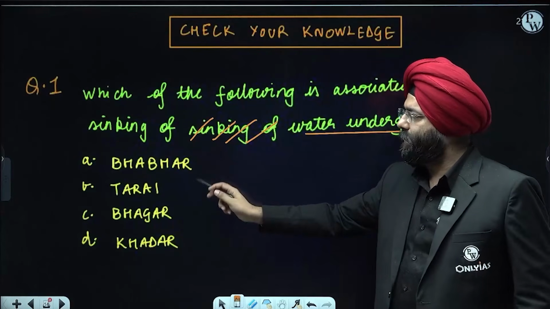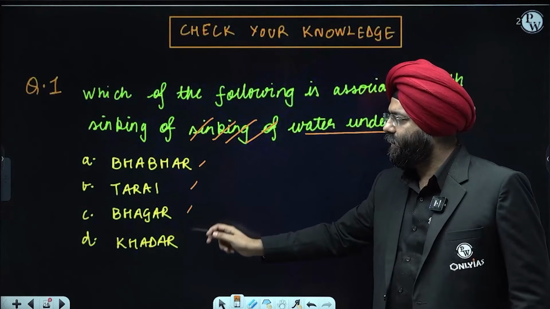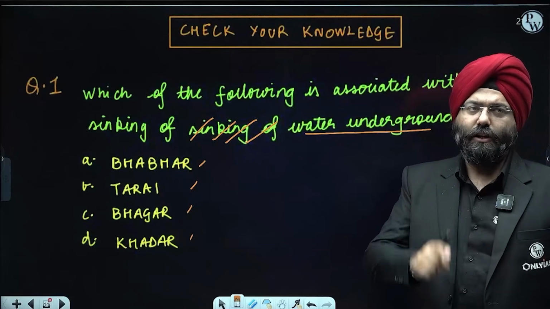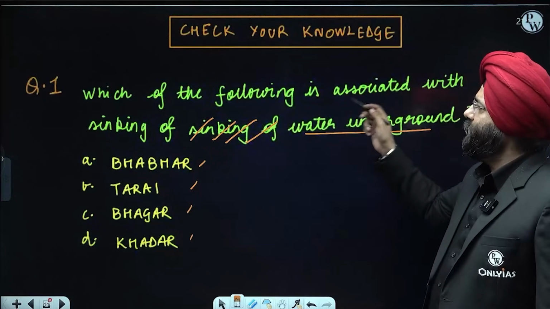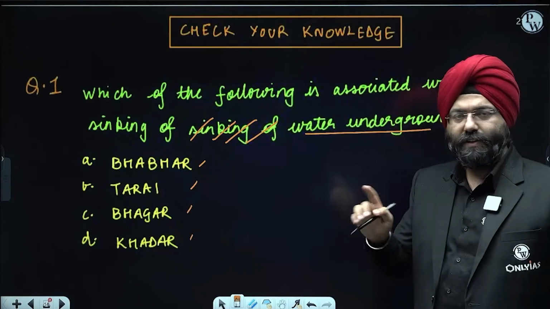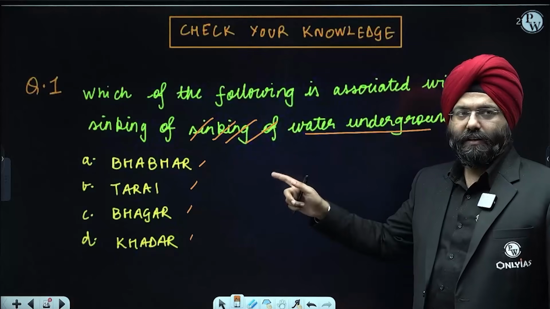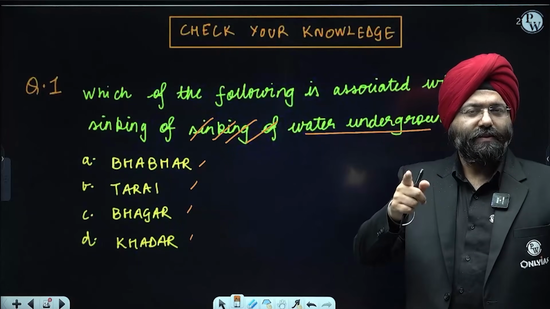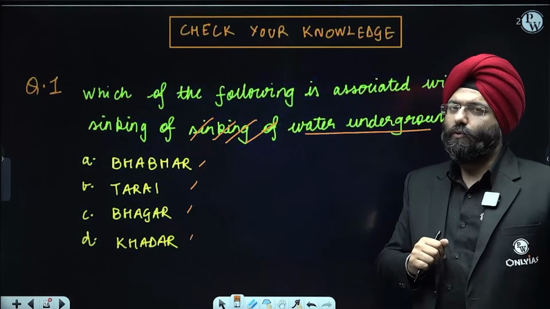First, Bhabar, second, Tarai, third, Bangar, and fourth, Khadar. So you have to write your answer in the comment section. I'm repeating the question again. Which of the following is associated with sinking of water underground? First, Bhabar, second, Tarai, third, Bangar, fourth, Khadar. Please write your answers in the comment section and let's see how many of you get the answer correct.